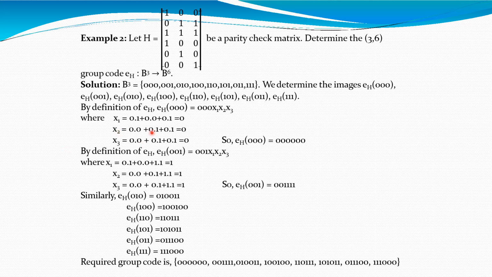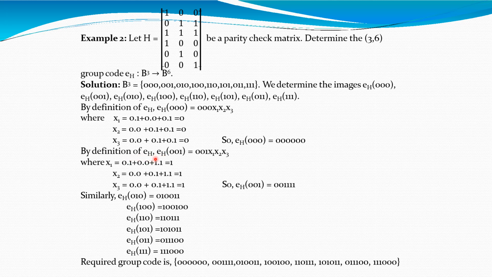Same way, x3 equals the 0, 0, 0 row multiplied by the last column 0, 1, 1, which is 0. So EH of 000 is equal to 0 six times.